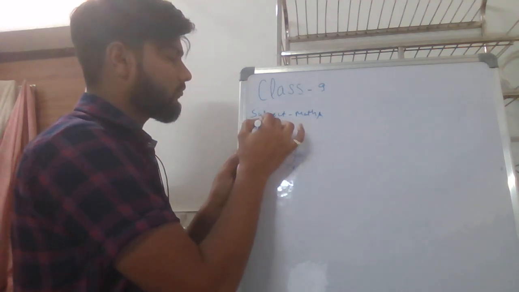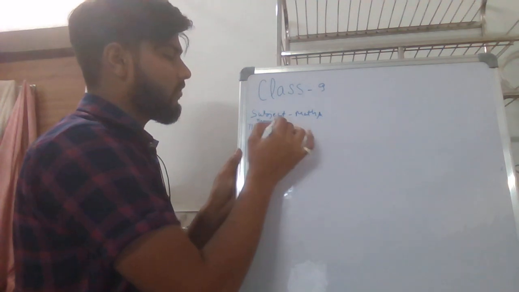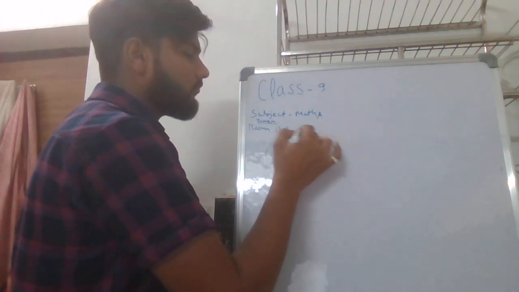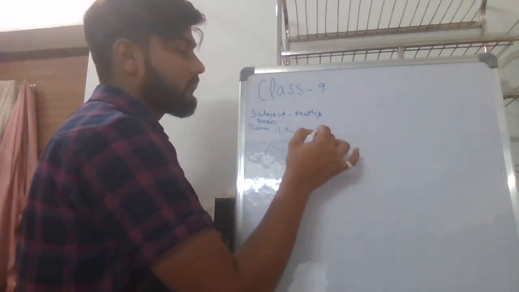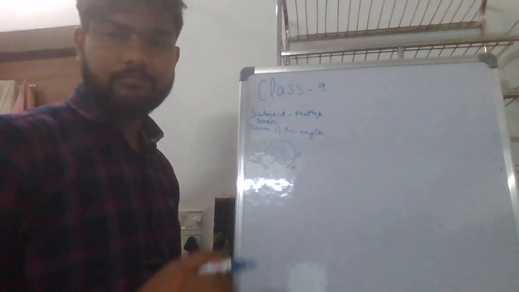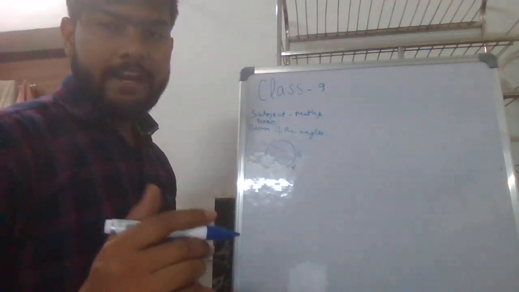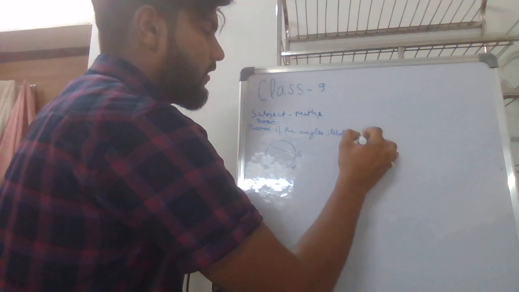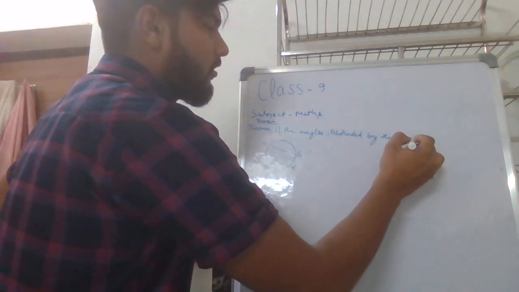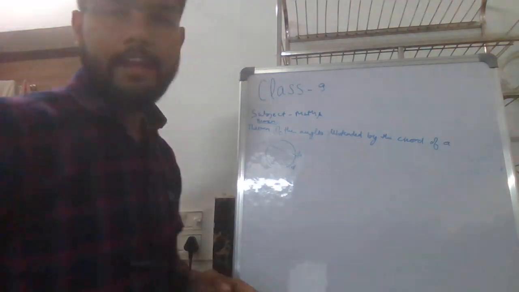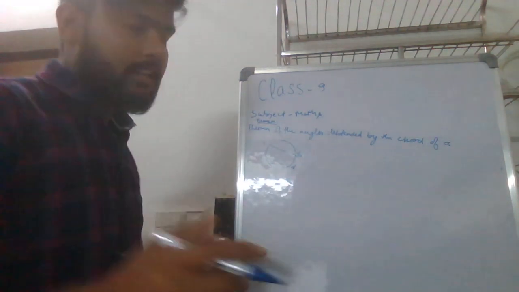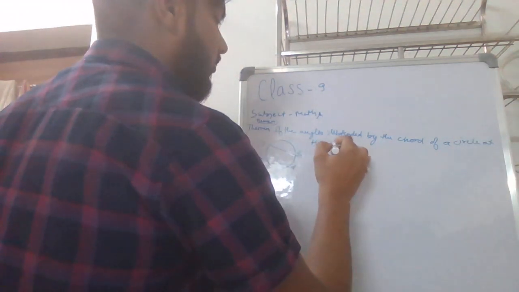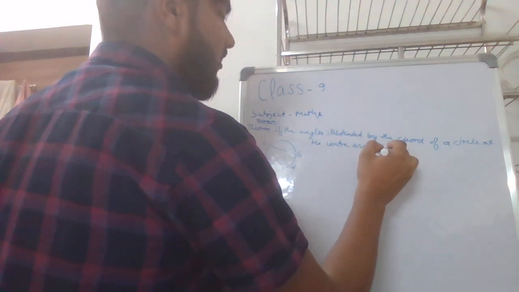I will write the theorem here: if the angles subtended by the chords of a circle at the center are equal, then the chords are equal.